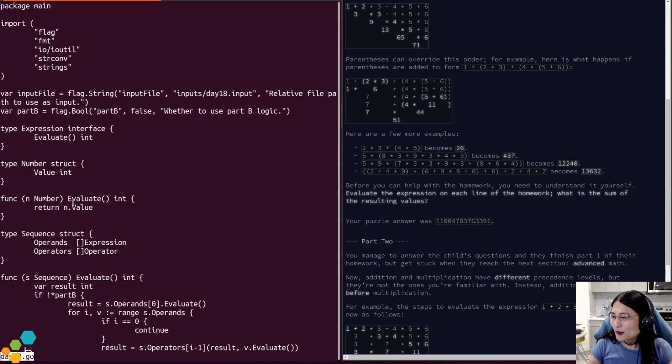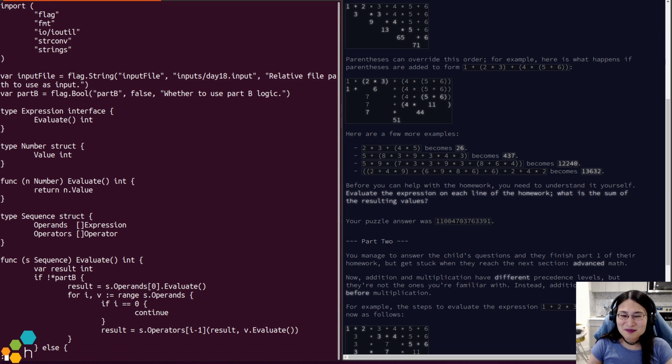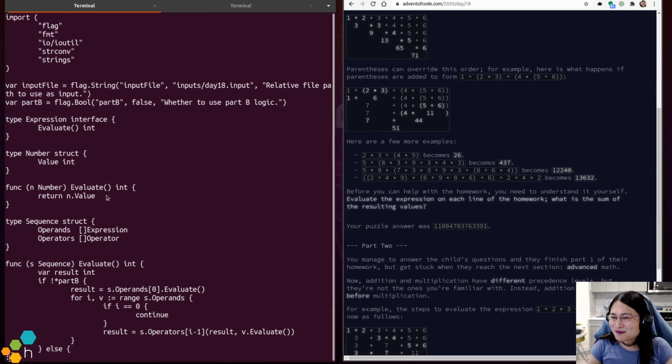I know some people hacked around this by overwriting their language runtime to have star be plus and plus be star, but use the mathematical results of doing the opposite thing. But that's not what I did.